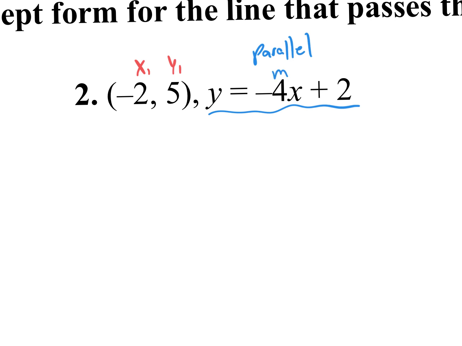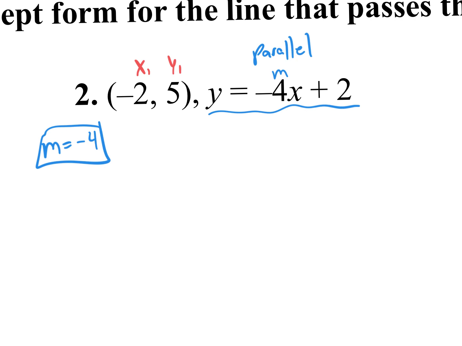So this slope right here, if you think about y equals mx plus b, the slope is negative 4. And if we know that our line is parallel to this line, that means that we have the same slope. So we're going to have an m right here, and we know that our equation is going to have the same exact m value of negative 4. And that's a very important piece of information when you want to write an equation.